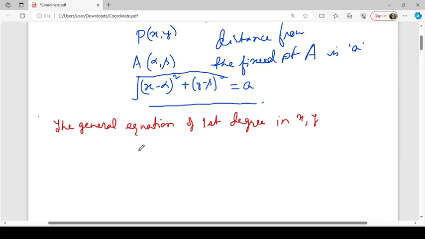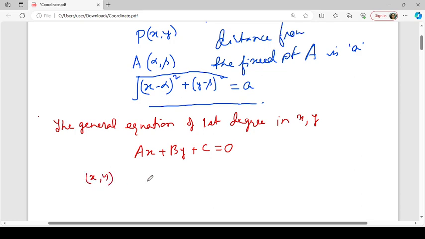So the general equation of first degree in x, y is ax plus by plus c is equal to 0, where a is constant. Now (x, y) is the moving point.